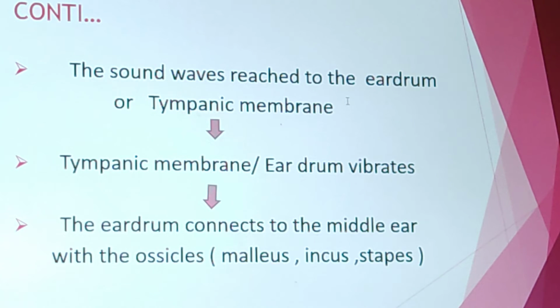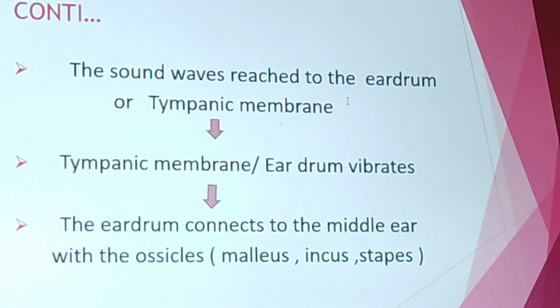Next is the middle ear. The middle ear is filled with air and it receives the sound wave vibrations from the tympanic membrane. This tympanic membrane is connected with the auditory ossicles, the bones.